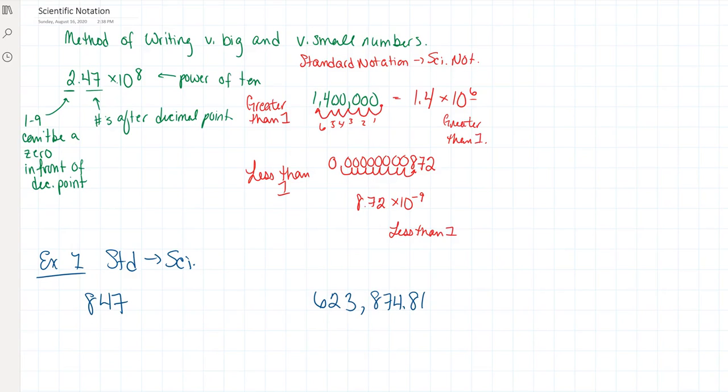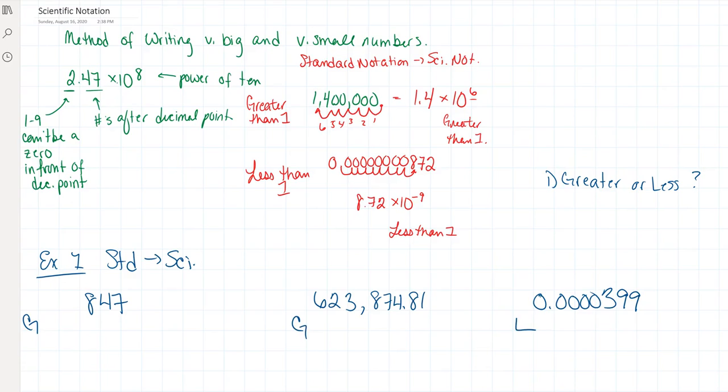And then we're going to have 0.000399. I've given you three numbers in standard notation. So the question I have to ask myself first is, are we greater or less than 1? In this case, we'll see that this is greater. I'm going to mark that with a G. Same thing here, we've got greater. And in this example, we have less.